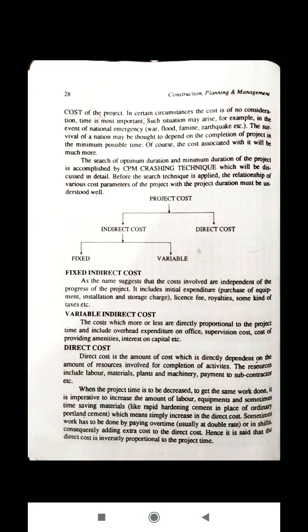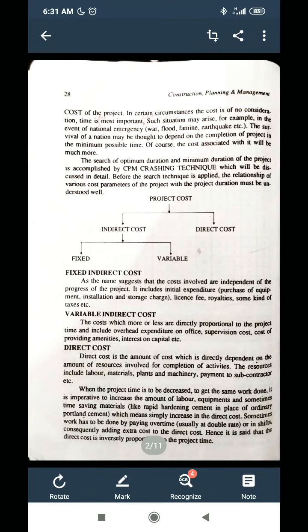Variable indirect cost depends on time, and includes the cost of providing amenities, interest on capital, rent on a particular equipment, or rent of the offices, etc. So this is the variable indirect cost, which is directly proportional to the project time.